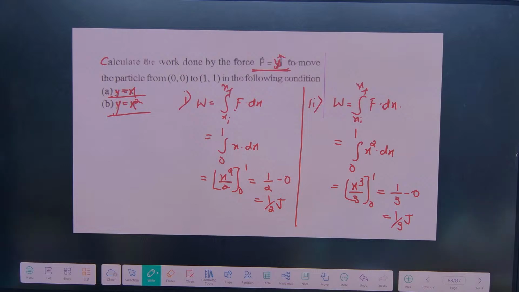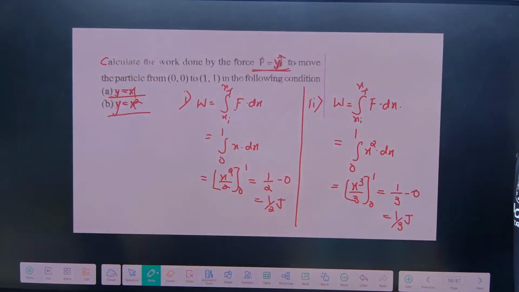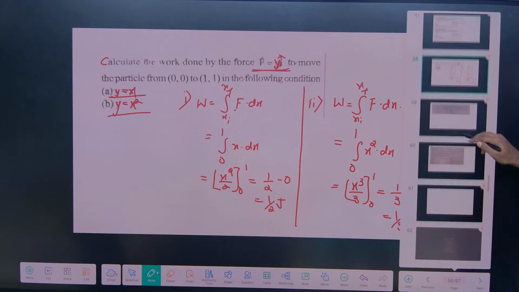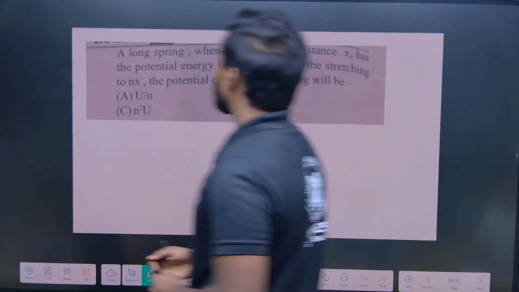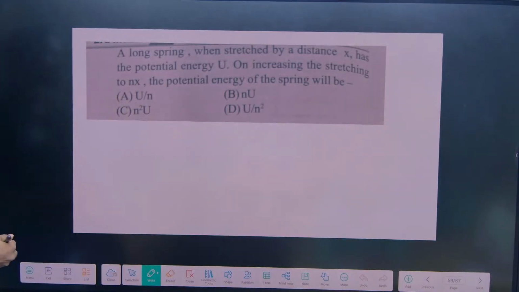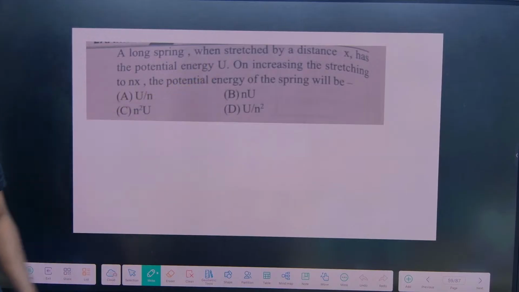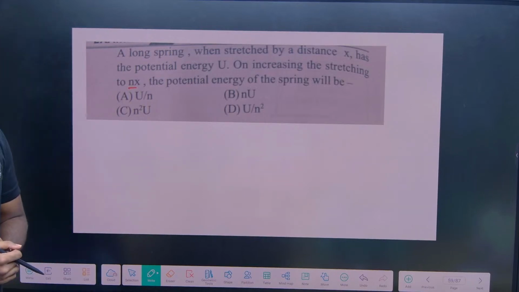See, here is the question. A spring, when stretched by a distance x, has potential energy U. Increasing the stretching to nx, the potential energy of the spring is?